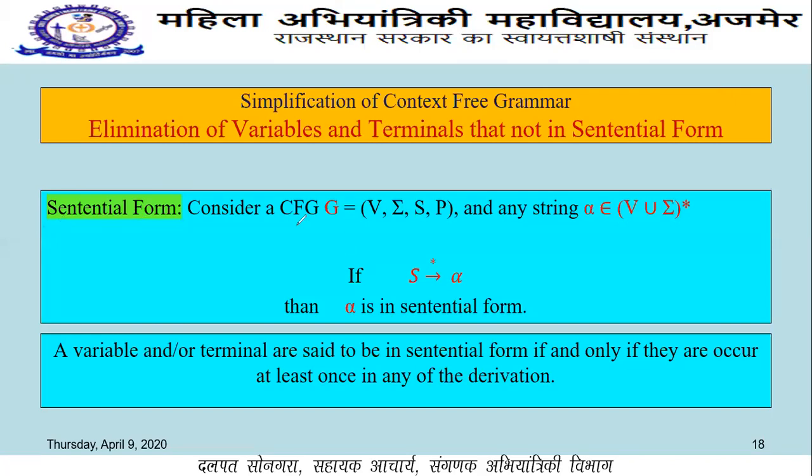We consider we have a given context-free grammar G, which is described by 4 tuples, and we consider any string alpha which belongs to the set of (variables union terminals) asterisk. It means alpha could be any string over the variables and terminals.